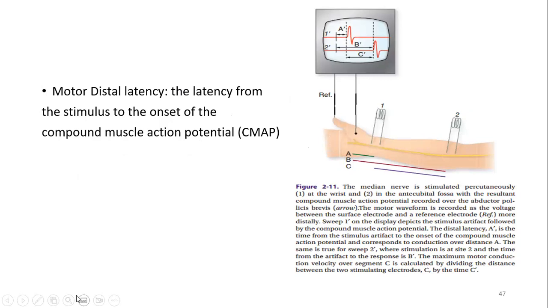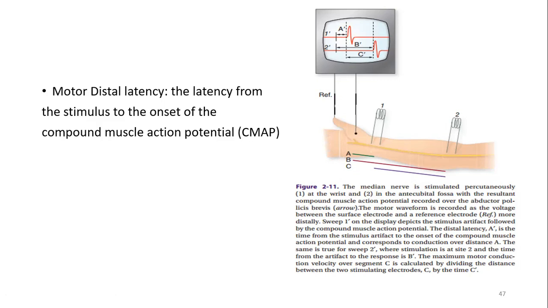As we see here, the diagram shows how we do the motor nerve examination. There are two electrodes, electrode number 1 and electrode number 2. We will measure the action potential at the reference point, here on the abductor pollicis brevis muscle.